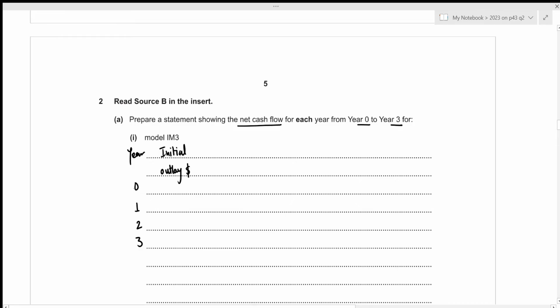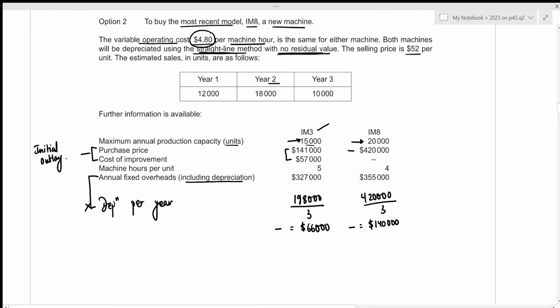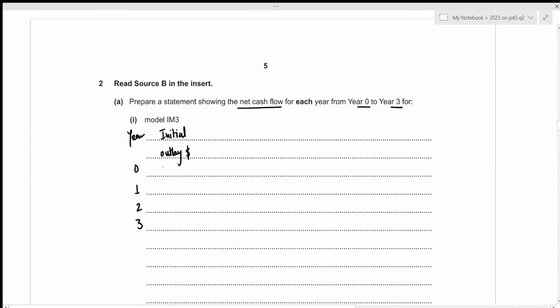This is the amount paid at year 0. And for machine IM3, that is just going to be 141,000 plus 57,000, which results in 198,000. Then we can include our variable cost or the variable operating cost.